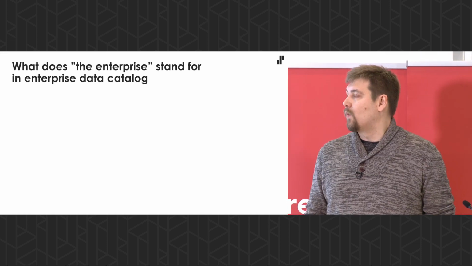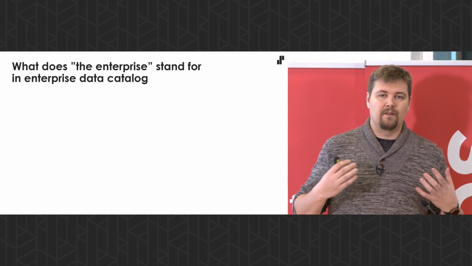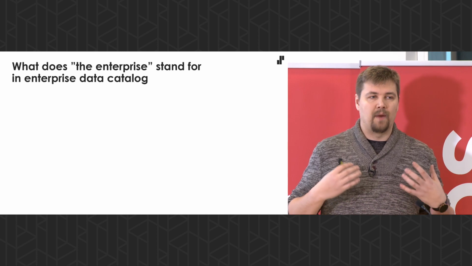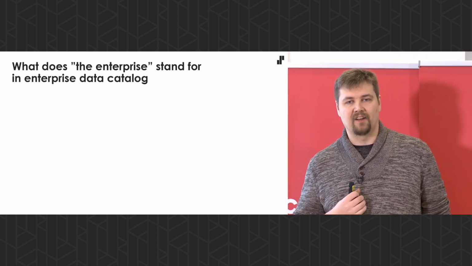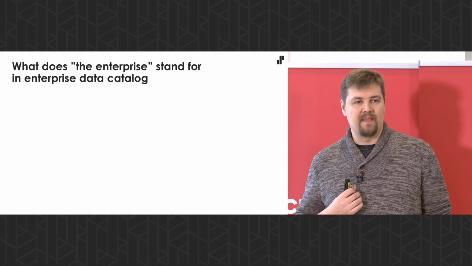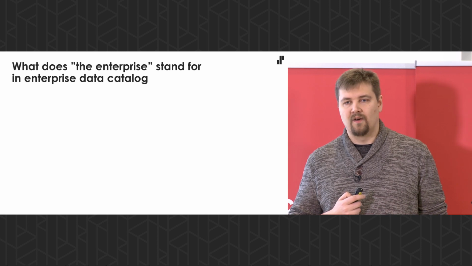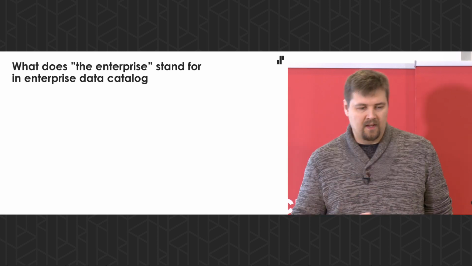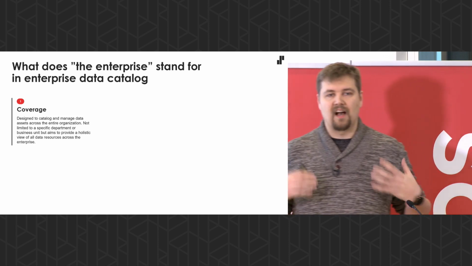And then when we talk about enterprise data catalogs, we need to define what we mean by the enterprise in this context, because there are different kinds of data catalogs created for different purposes. There are also different interpretations of what a data catalog is. But when we talk about the enterprise data catalog, first of all, there is the coverage.